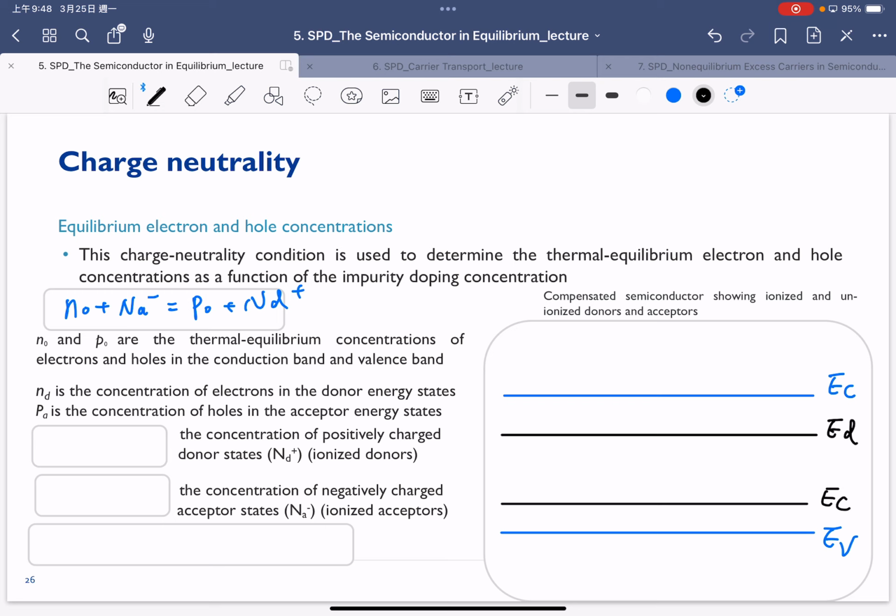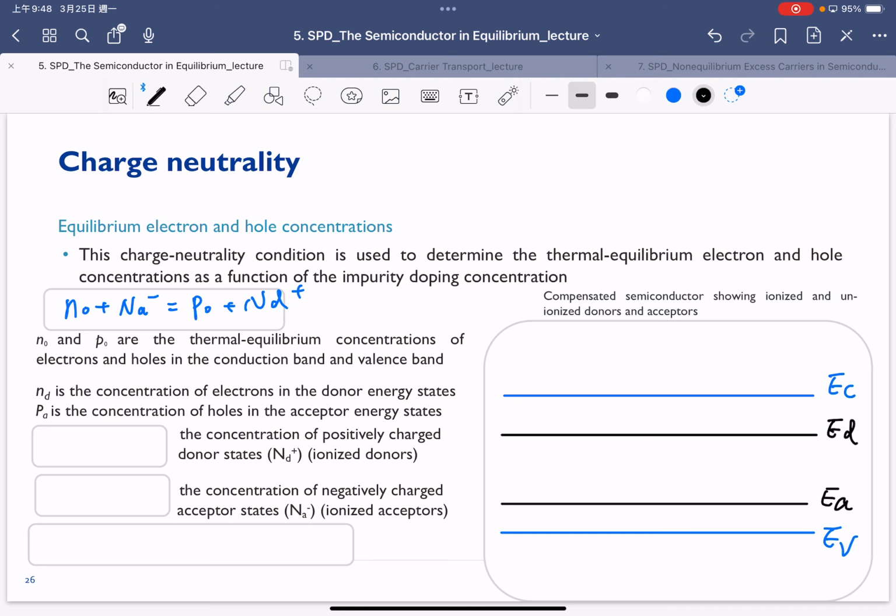So we have the case of the donor state and acceptor state here. Now we all know that part of the electrons in the donor state are able to ionize and jump to the conduction band.